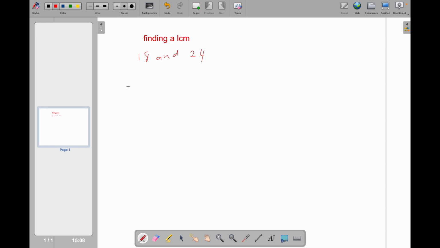So first we do something like this. Let's list the multiples, as many as we can. Here we have multiples of 18: 18, 36, 54, 72, 90, 108, and we can go like that.